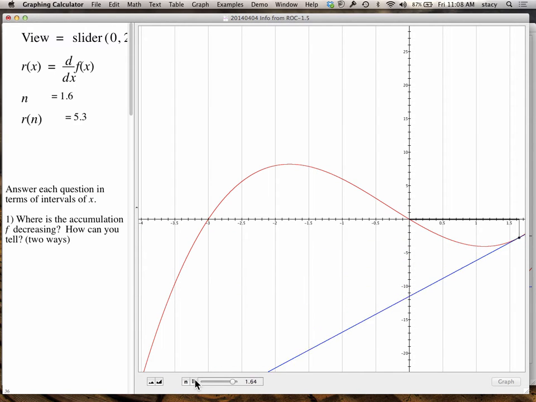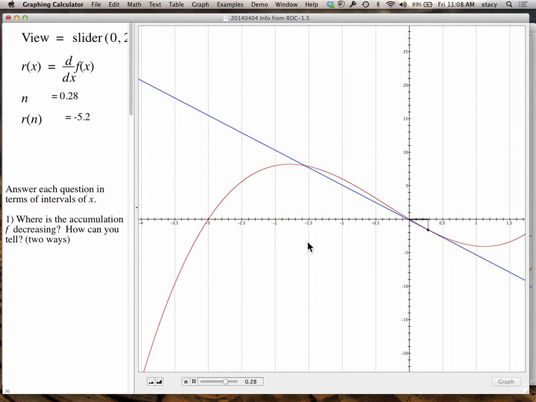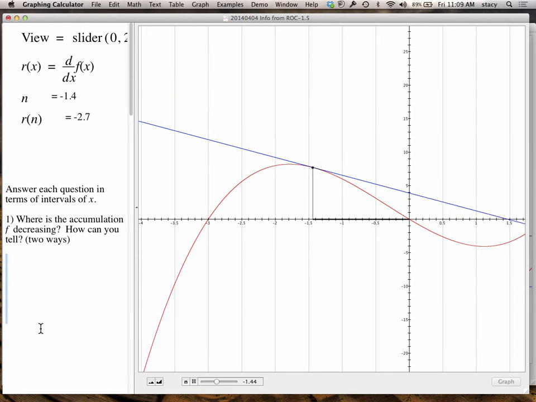Yeah, when the actual value, the output of the function, the y values of the red function, are getting smaller. That's the other way to tell. So 2 ways to tell: you can look at the values getting smaller, or you can look at the corresponding rate of change values being negative.